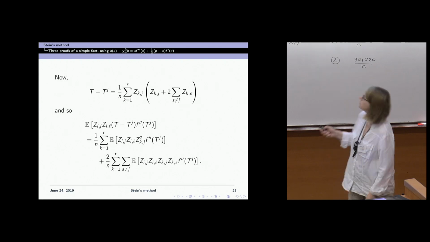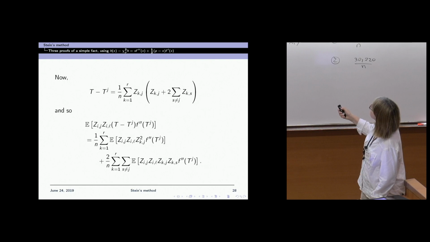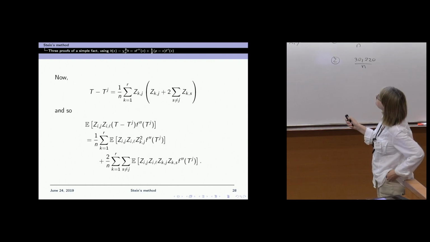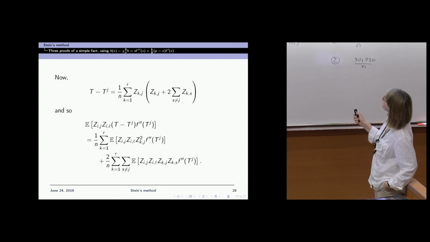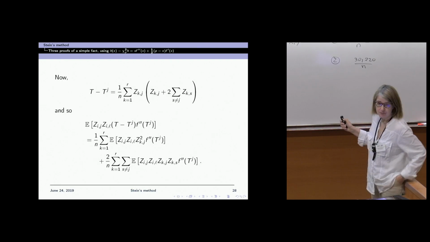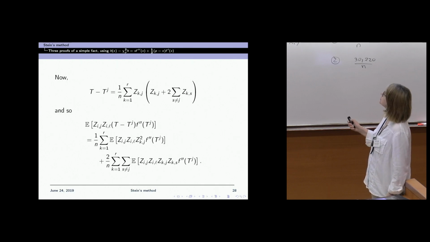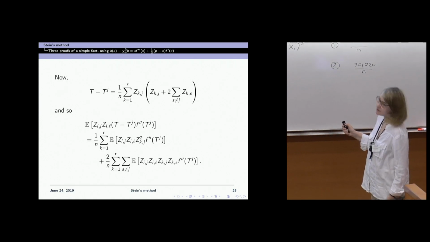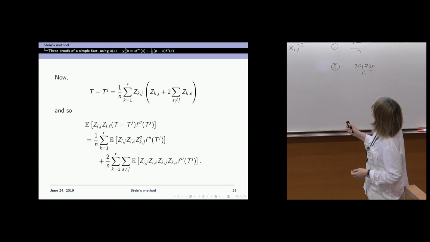And then again, T minus Tj we can write down explicitly. And if we do this, we have two terms. So the first term here, Zij, Zil, that's squared Kj, f double prime of Tj. Well, there are some j's in there, but most of these terms actually will be zero because of the independence assumption. So the only terms which are not zero is when j is equal to l, so that's the only case.